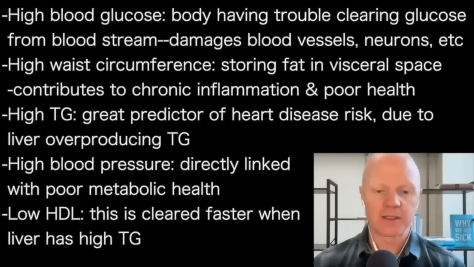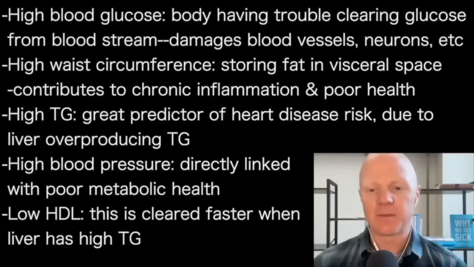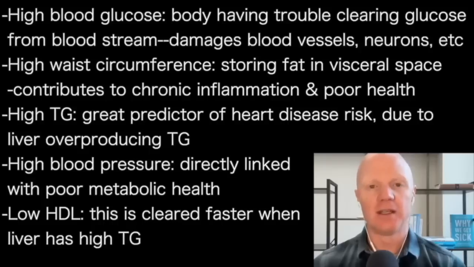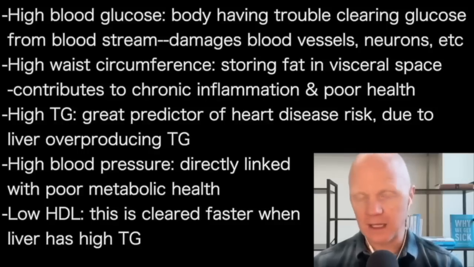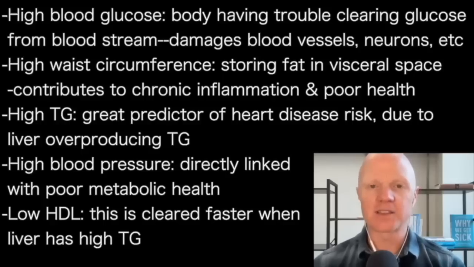As the liver starts to suffer, it begins to overproduce triglycerides. At the same time, it starts to increase the clearance of HDL cholesterol, reducing HDL levels, considered to be the good or beneficial version or carrier of cholesterol. And then lastly, it was the high blood pressure, which is directly a consequence of metabolic health. So those are the cluster of complications that make up the metabolic syndrome.